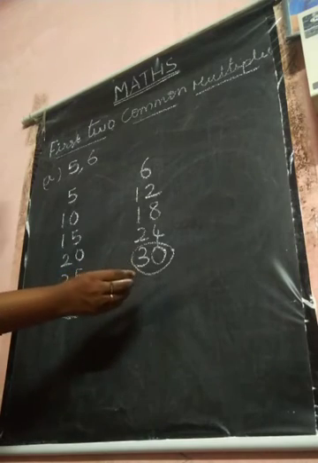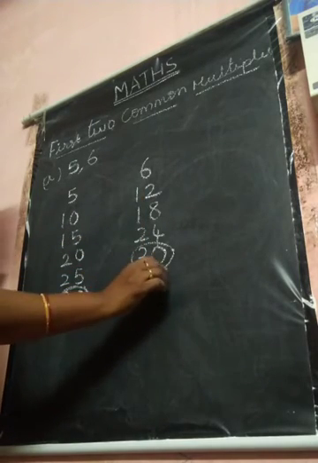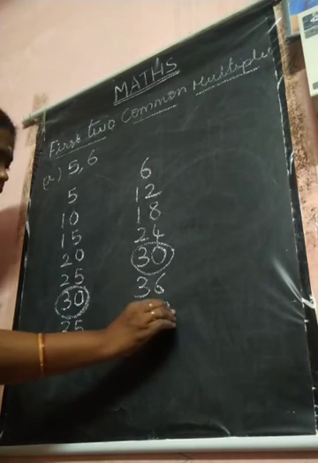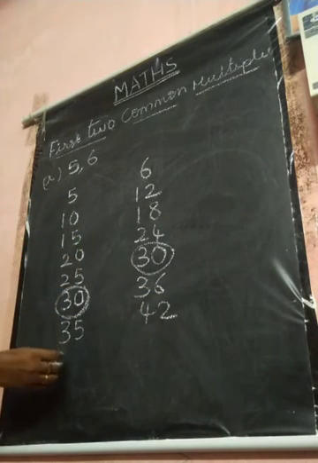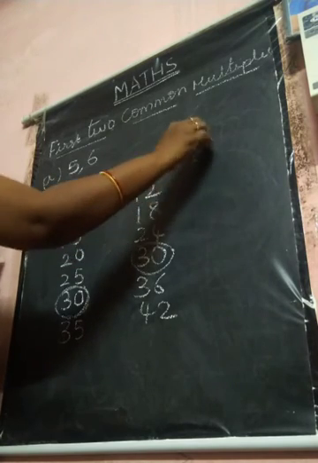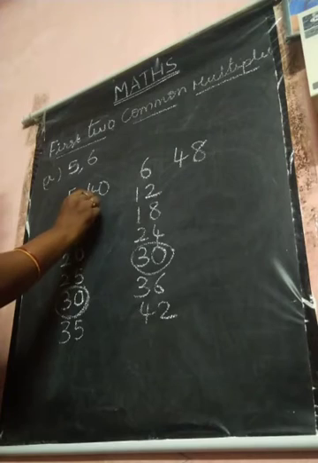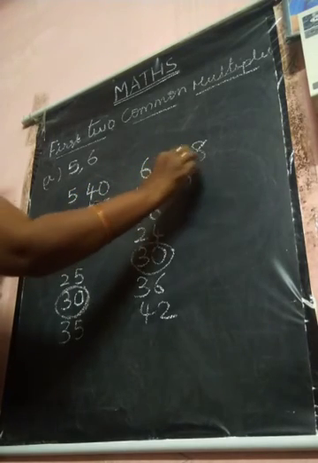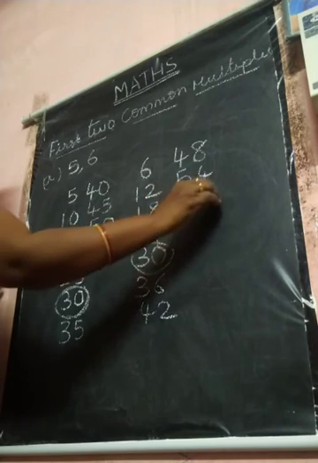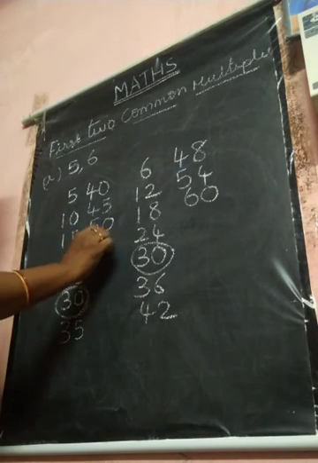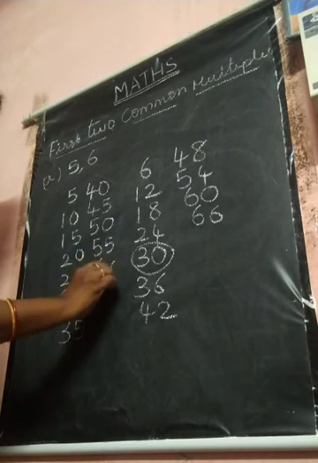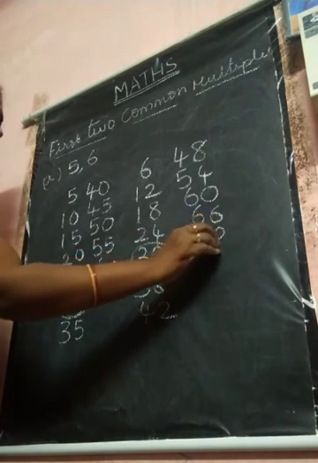Next you are going to find the second one now. 6 sixes are 36. 5 sevens are 35, 6 sevens are 42. 5 eights are 40, 6 eights are 48. 5 nines are 45, 6 nines are 54. 5 tens are 50, 6 tens are 60. 5 elevens are 55, 6 elevens are 66. 5 twelves are 60, 6 twelves are 72.